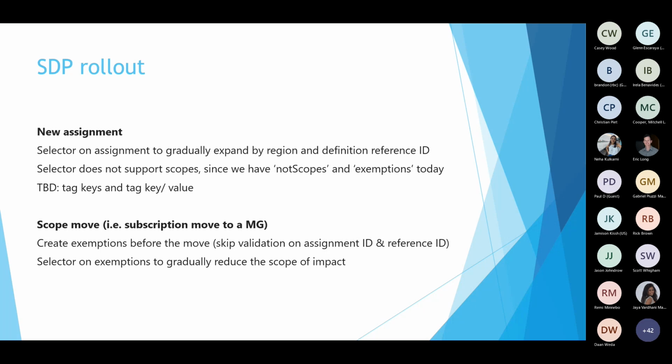So I'm trying to get it to the highest level of management groups, and then become a little bit more restrictive at the lower levels. But there are going to be situations in which some subscriptions get certain tag requirements, and other subscriptions get different tag requirements based upon the type of subscription it is.